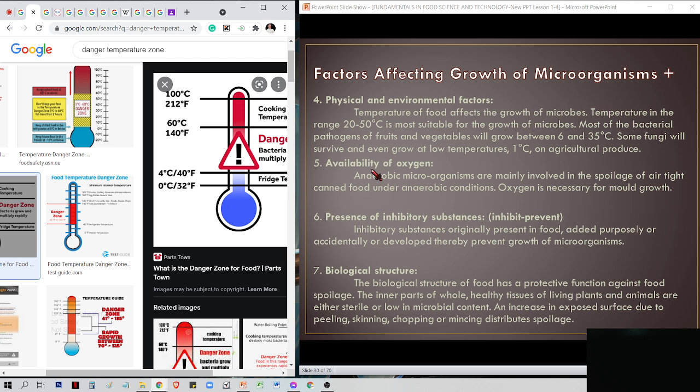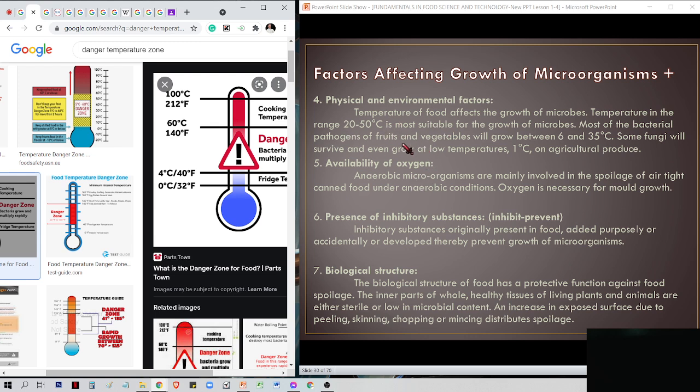Then 4 degrees Celsius to 60 degrees Celsius. That is the danger zone where bacteria can grow. Oh, we forgot the danger temperature.